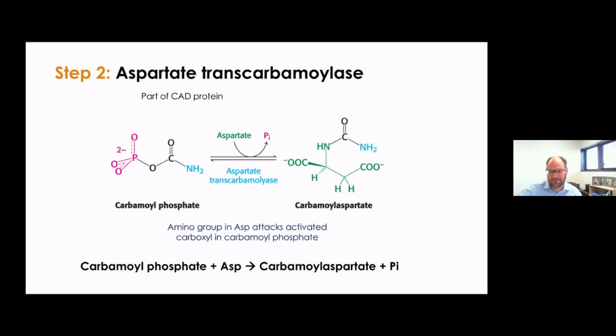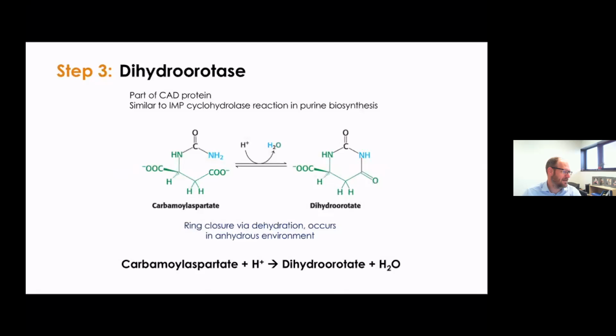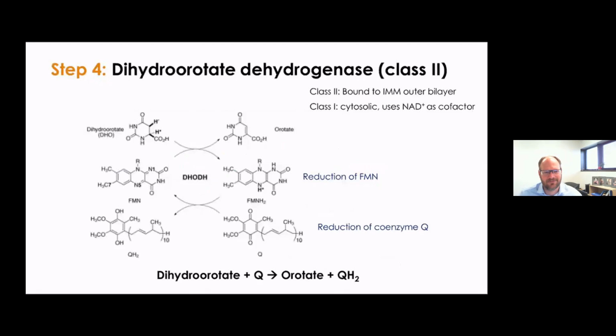So you can actually find and prove all these things really exist in the real world, not just on these lecture slides. And then dihydroorotase takes that carbamoyl aspartate, cyclizes the ring, and you get a loss of water in that reaction with ring closing. And then that leads us to this really important reaction, dihydroorotate dehydrogenase. And that dumps it directly on coenzyme Q.